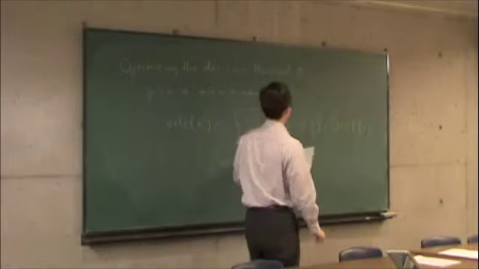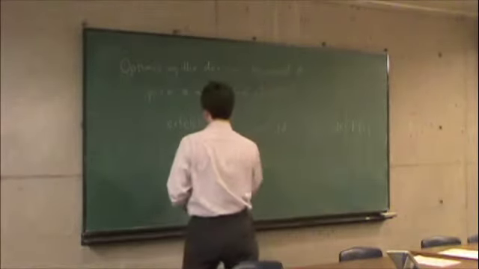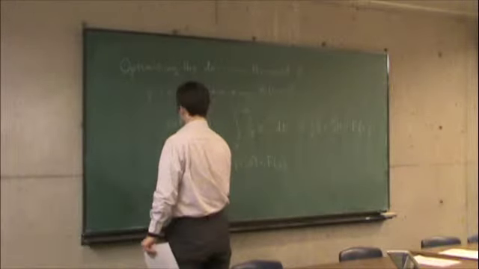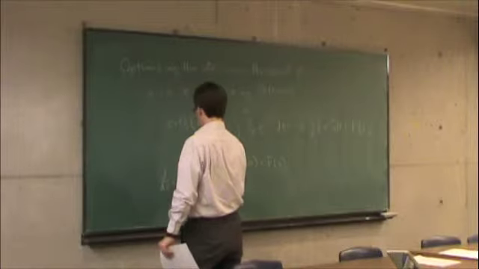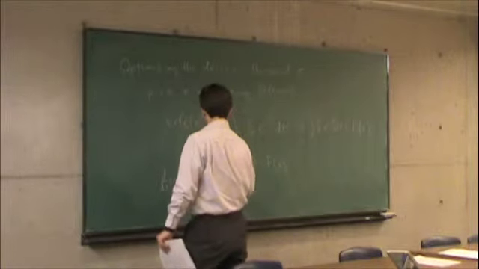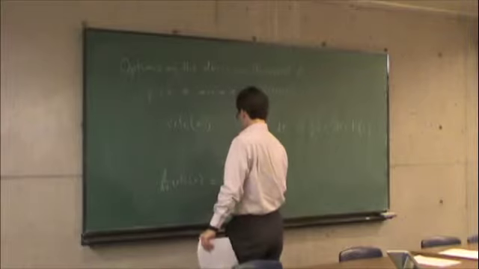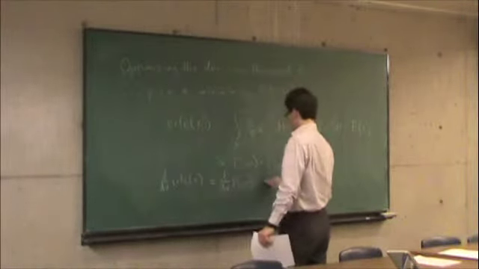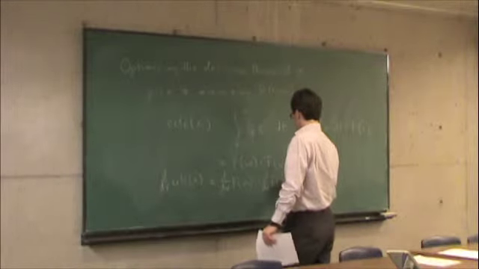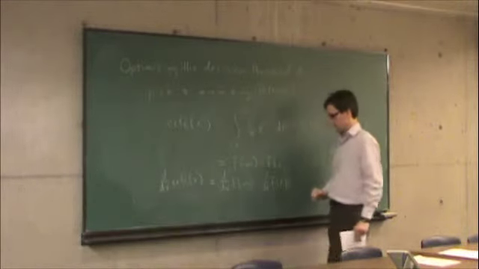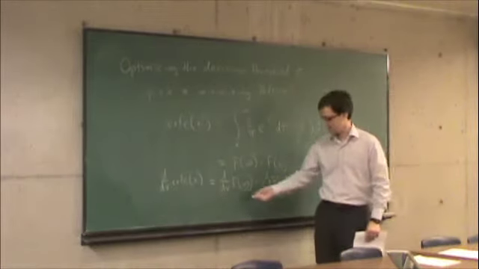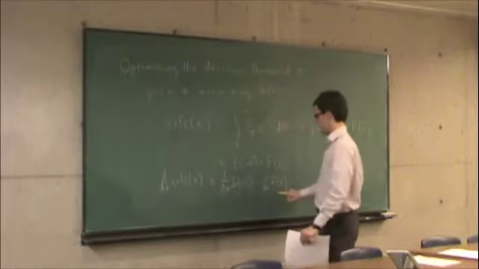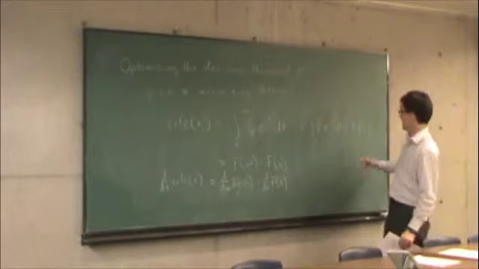The reason why I don't really care what capital F is is because I don't want erfc in this case. What I want to do is differentiate erfc. d by dx of erfc is equal to d by dx F of infinity minus d by dx F of x. What's d by dx of F of infinity? That's just a constant, so that's 0. d by dx of F of x, well, what's capital F of x?